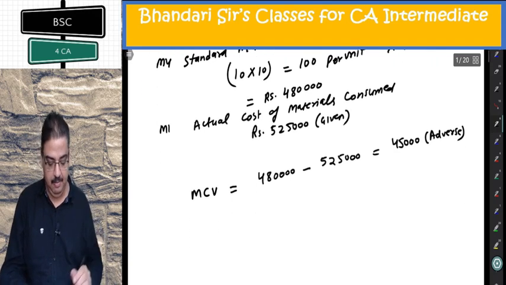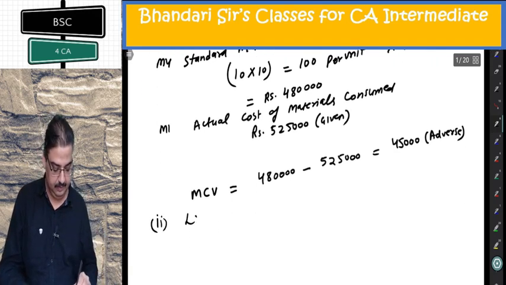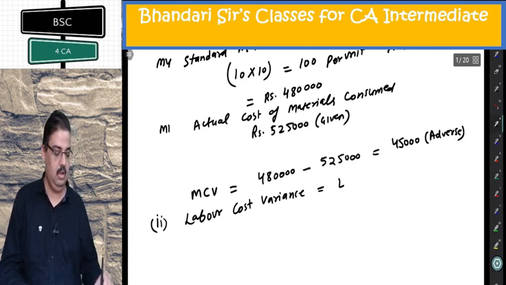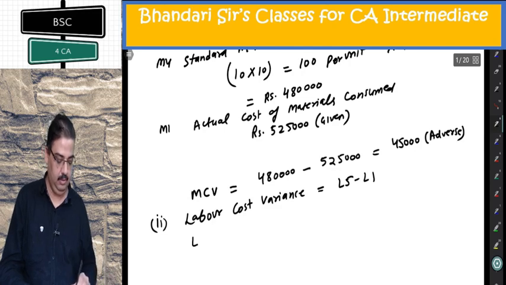Second part, labor cost variance. L5 minus L1.